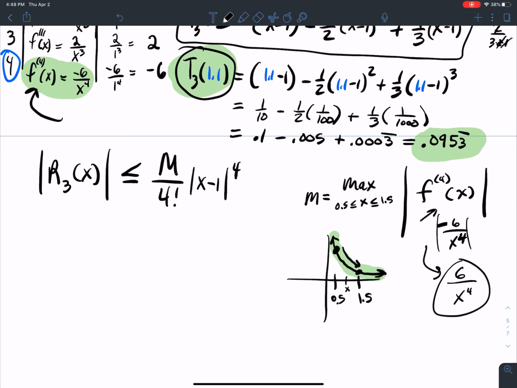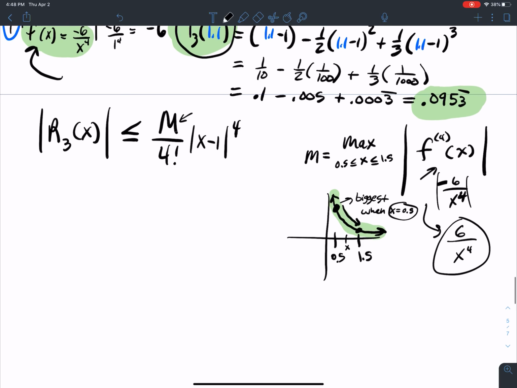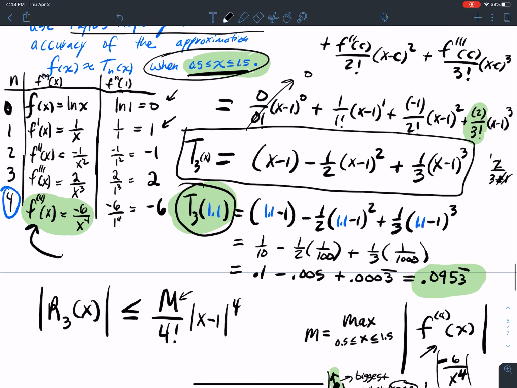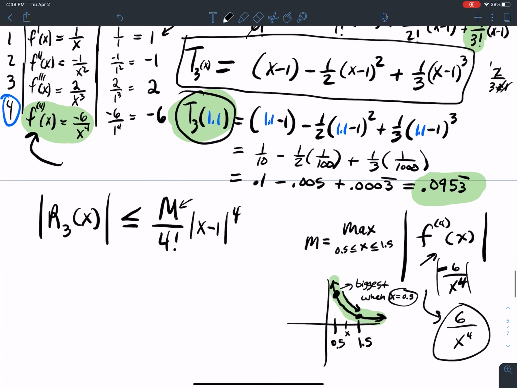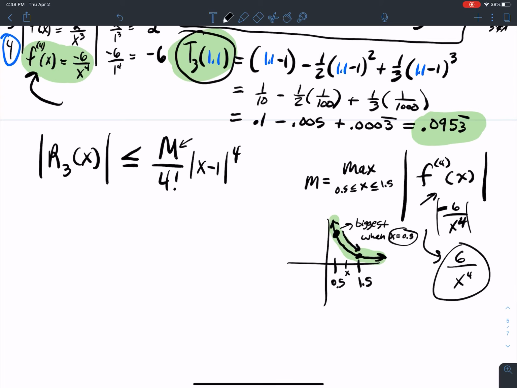It's going to be biggest when x is equal to 0.5. I want the max value it can be on that interval they gave me, so the biggest it's going to be is when x equals 0.5.